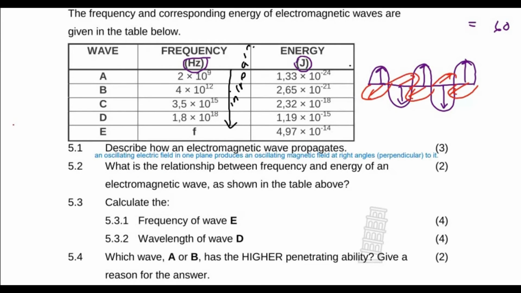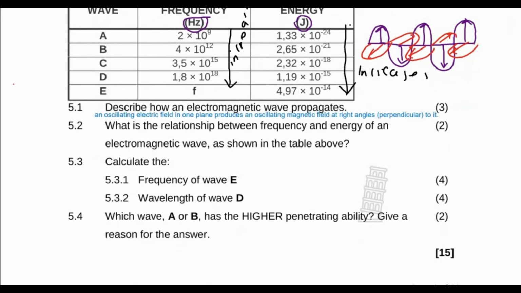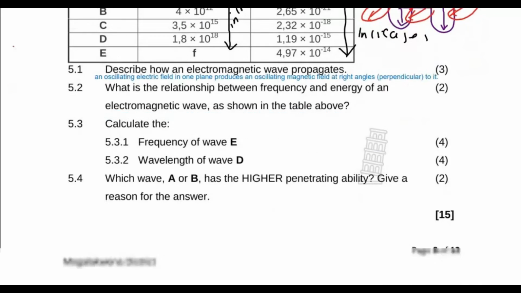Let's check the energy. We have raised to the power of minus 24, minus 21, minus 18, up until minus 14. Minus 14 is greater than minus 24. It means also the energy is increasing. So what is that relationship? How do the two quantities relate?